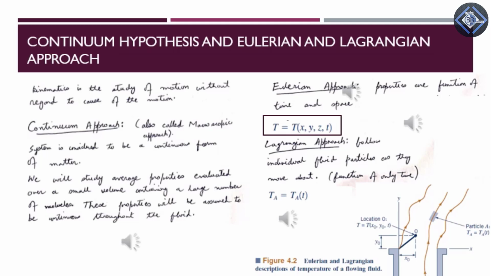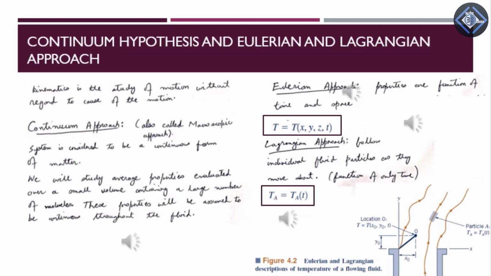That was the Eulerian approach. In contrast to that, in the Lagrangian approach, we actually don't try to find out the temperature as a function of position. We tag a particle, or as shown in the figure, we would attach a temperature measuring device to fluid particle A, and then we'll have temperature T_A as a function of time.